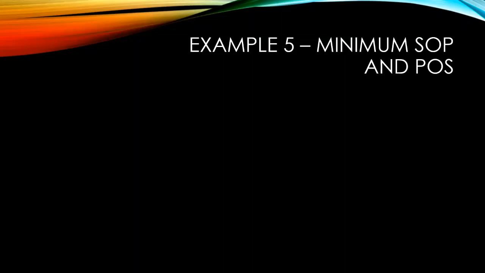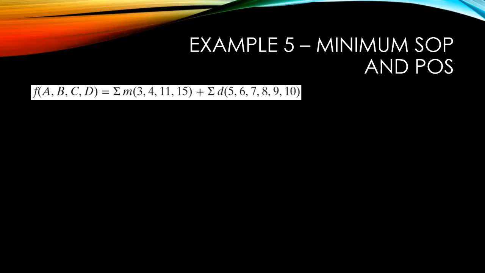So for the exam, we're going to start with the SOP. If there is a question in our exam where minimum SOP and POS is required and there is a don't care state, always start with the SOP, then followed by POS. Okay, so let's have this example.